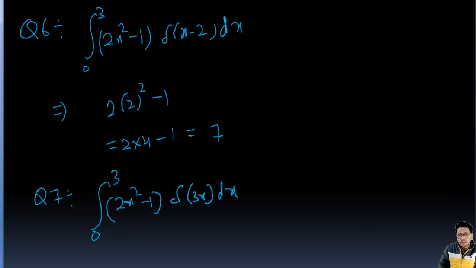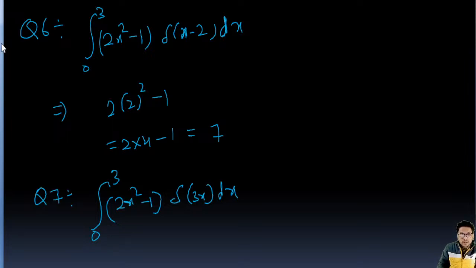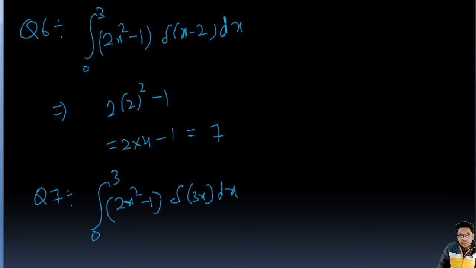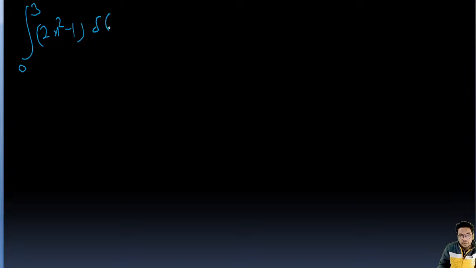This we need to solve. We'll use next page. So here the question is integral 0 to 3 of (2x square minus 1) delta(3x) dx, right?